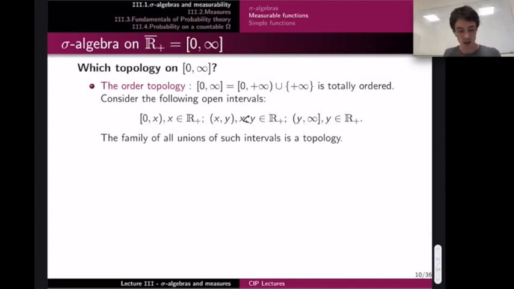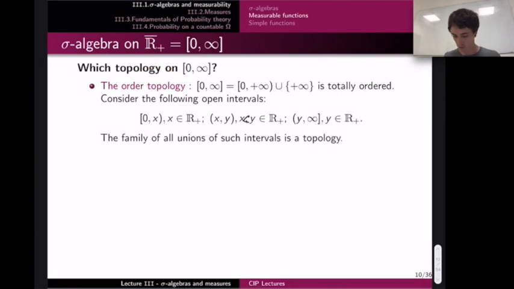So R plus bar is just the half line completed with plus infinity, and like I told you, I will work on Borel sigma algebras on R or on R bar. So I will need a topology, and the topology that we use here, I will not get too much into details, but you find what you need in this slide. It's called the order topology.